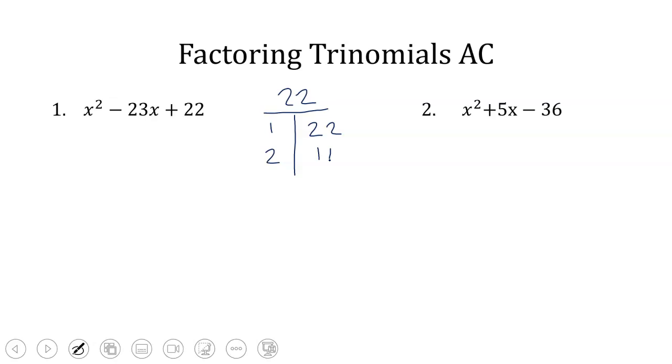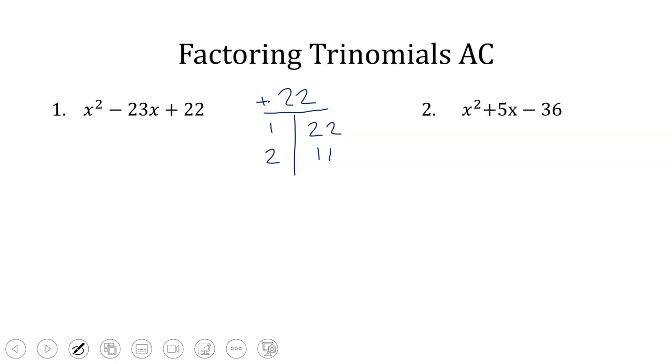Now, when they multiply, it's to a positive 22. But when they add, we're looking for what adds to the middle number, negative 23. So when things are multiplied to make a positive, it's either 2 positives or 2 negatives.